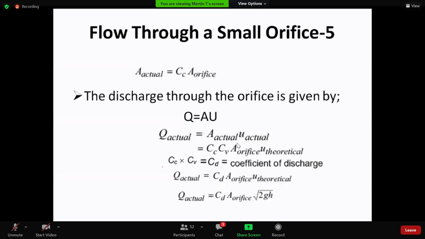A given orifice shape has a particular coefficient of discharge, but that coefficient of discharge comes from the coefficient of contraction and coefficient of velocity of that orifice. So that's a constant that can be denoted by CD, combining the two terms, then times area of orifice, then root 2GH.